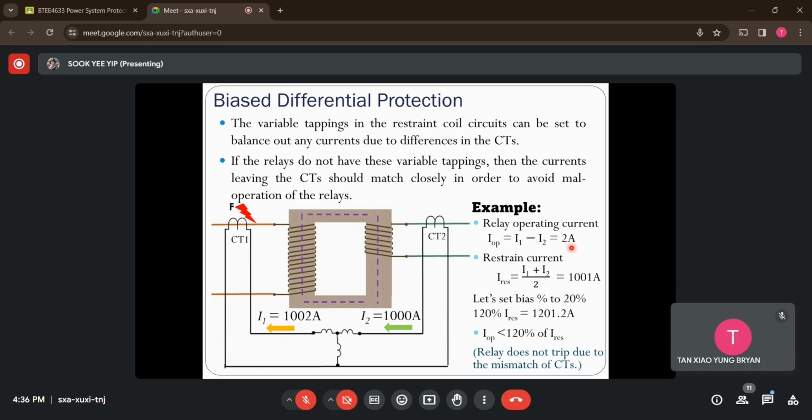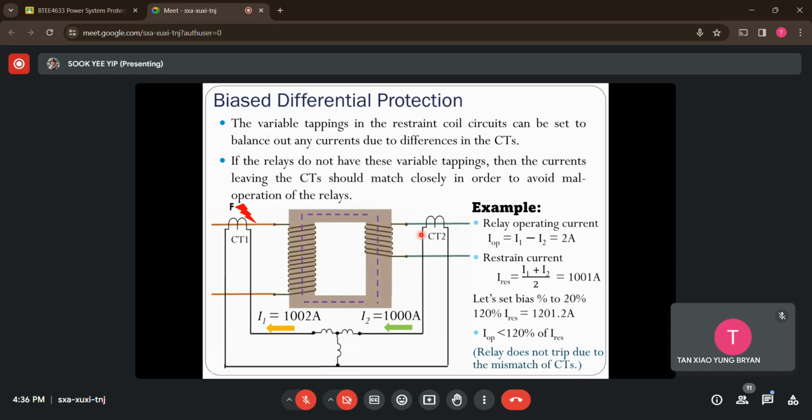So that's how the bias differential relay works to solve the mismatch of these two current transformers that give us different measurement values. Okay, so in the event we are using a differential relay, you have to ensure the current transformer ratios used for these two current transformers are equal to each other, in order to avoid maloperation of the differential relay.